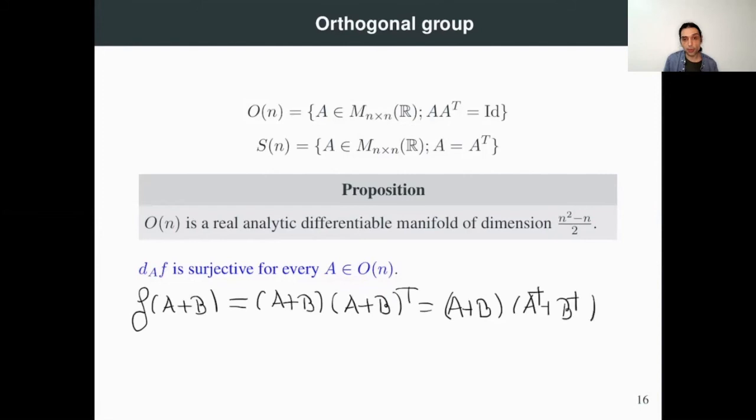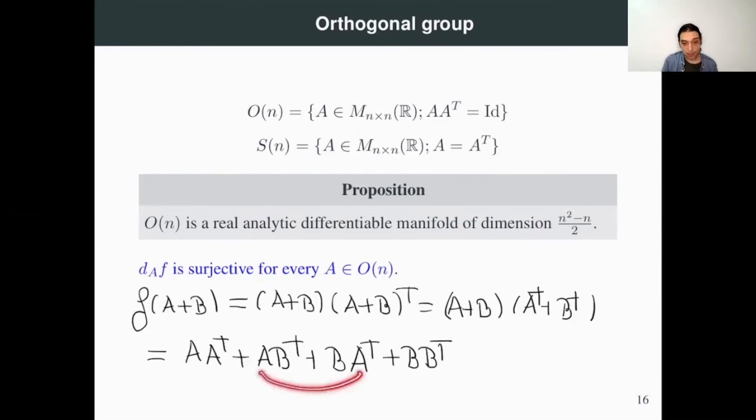We are trying to figure out what is the expression of the differential of F at the point A. And this is going to be A times A transpose plus A times B transpose, plus B times A transpose plus B times B transposed. And the terms that are linear in B are these ones. So that's going to be actually the image of the differential of F at A applied to B.